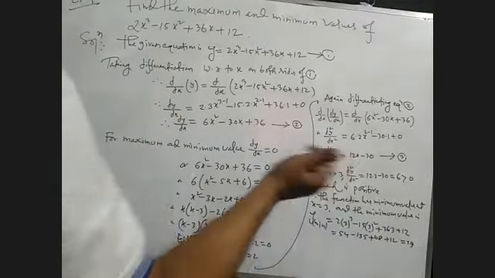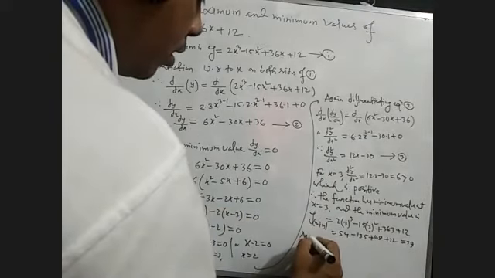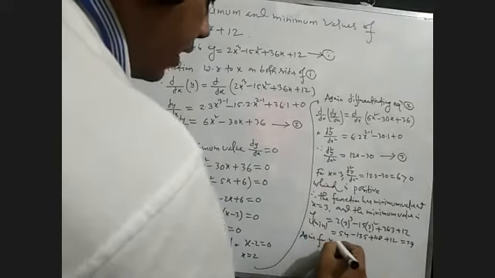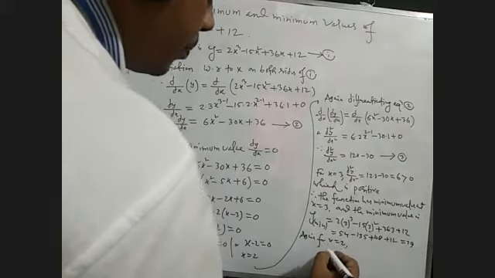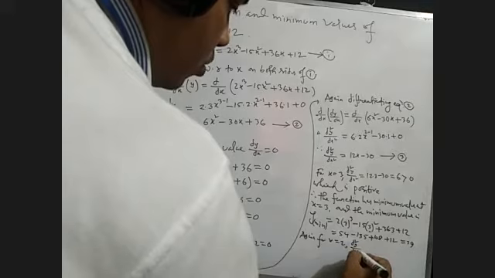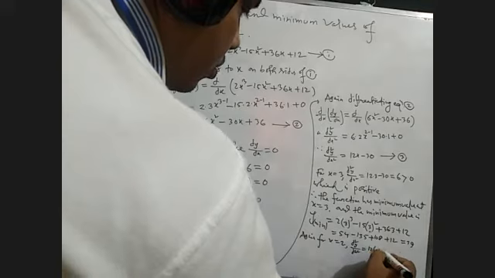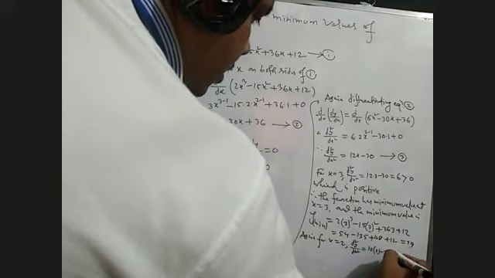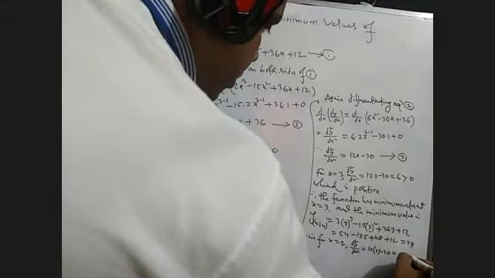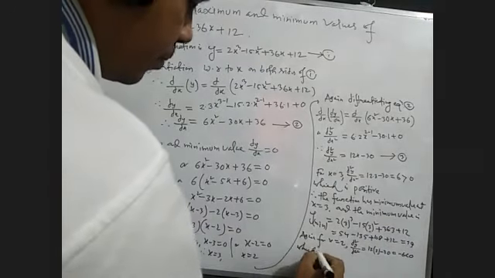Now for another value, x equals 2. Again, for x equals 2, d square y/dx square, from equation number 3, is 12 into 2 minus 30. This equals minus 6, which is less than 0, which is negative.